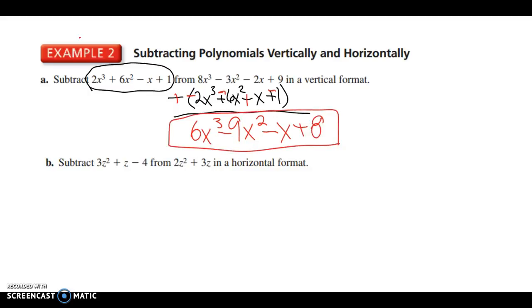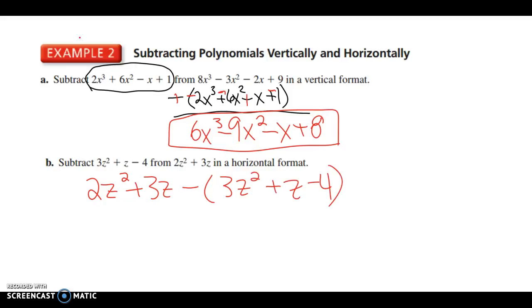is here. If we want to do this vertically, I would say 2z squared plus 3z minus 3z squared plus z minus 4. So I'm subtracting the first polynomial from the second.